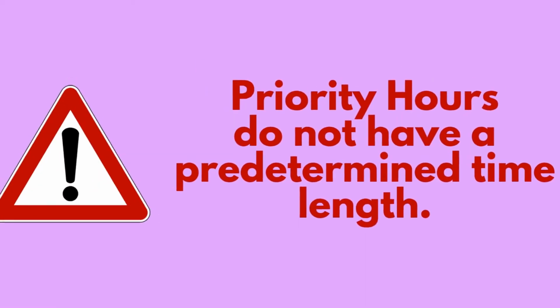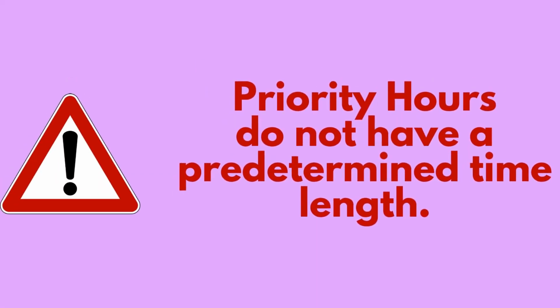Another helpful tip or warning, if you will, is that with priority hours, you will not always know how long the class will be before you enter. So sometimes you might enter a priority hour class and it says 15 minutes, or it says 1 minute, or it can say 30 minutes, or it can say an hour. Just be careful of that.